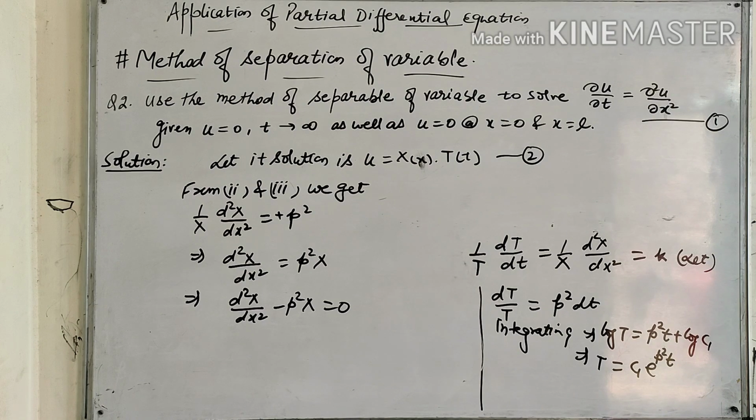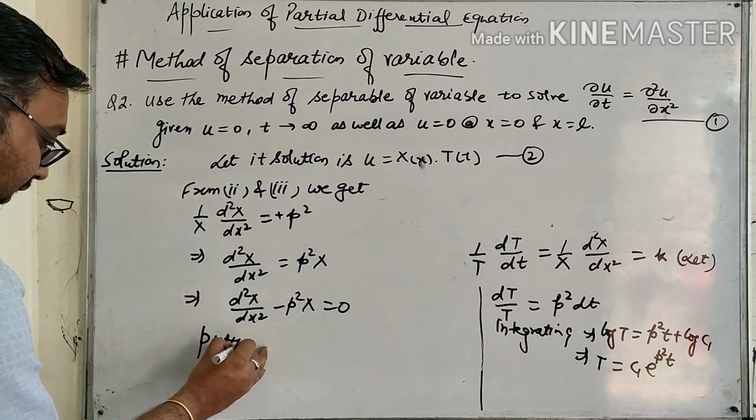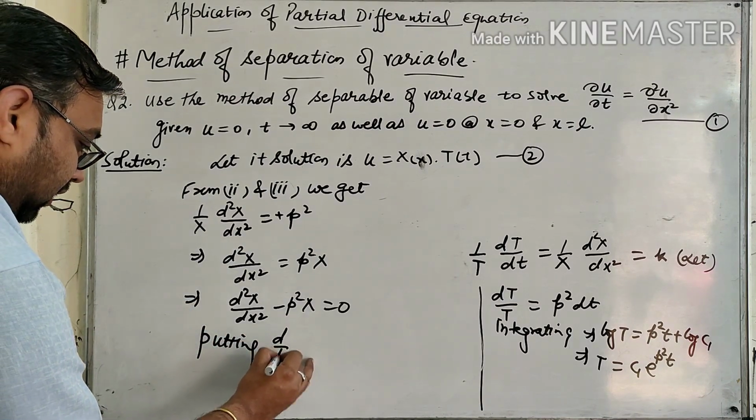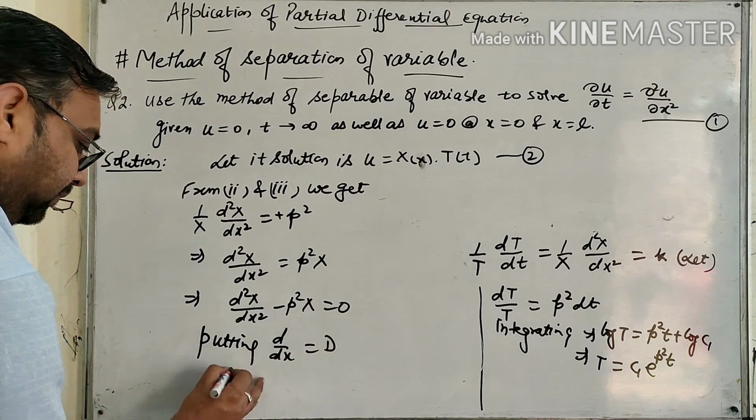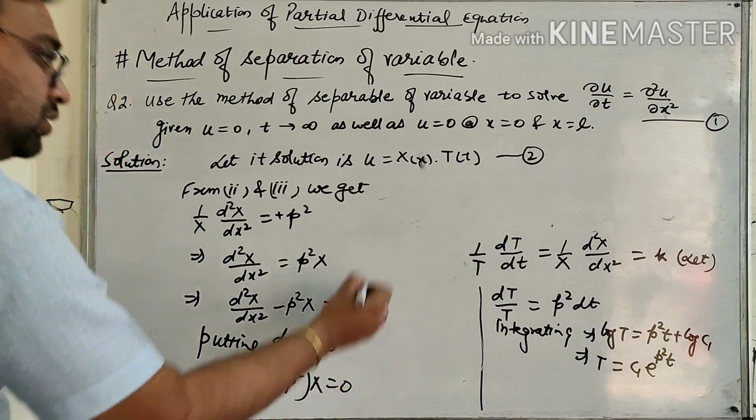This is a linear differential equation with constant coefficient. So we have to solve it by the complementary function and particular integral. So putting d upon dx equals D, that is D square minus p square X is equals to 0.